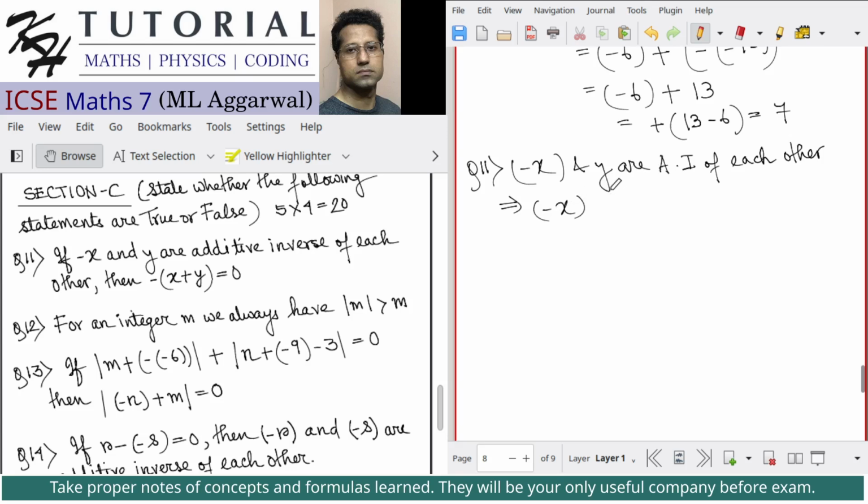That is, if x and y are additive inverse of each other, we must have x plus y is equal to 0.